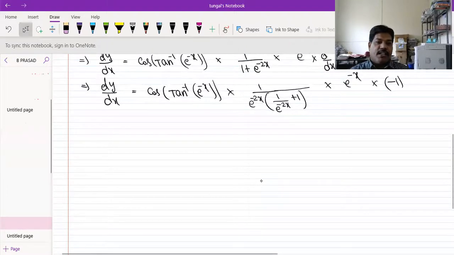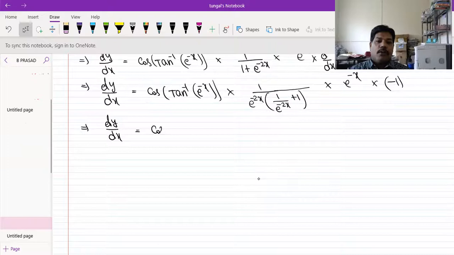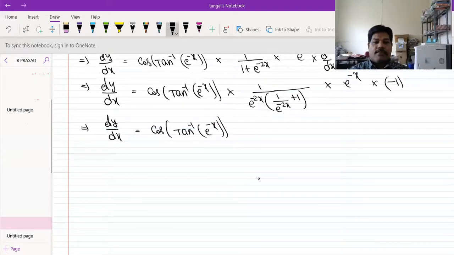That implies dy by dx is equal to cos of tan inverse of e power minus x, into the derivative of tan inverse of e power minus x, so here it is minus e power minus x by e power minus x whole square.